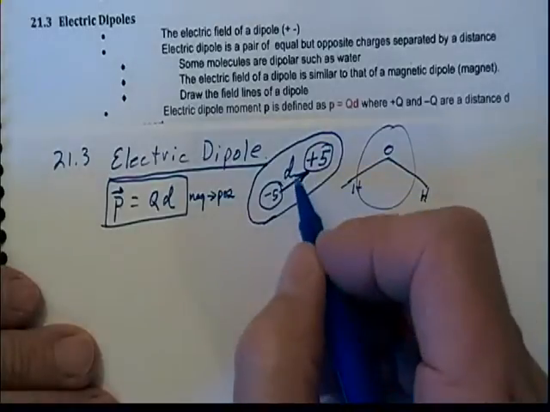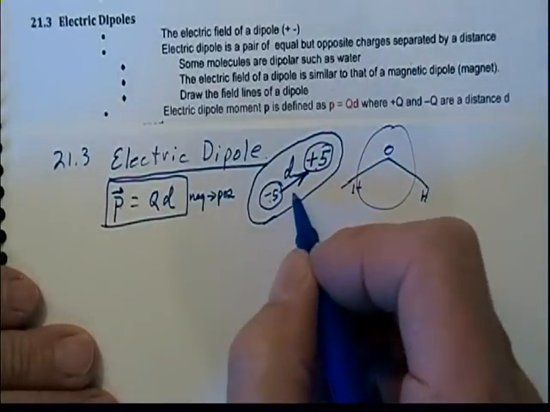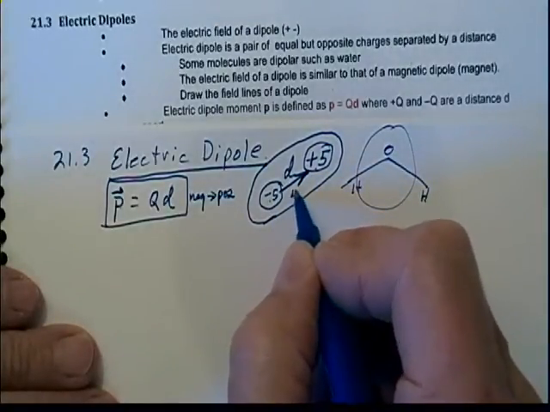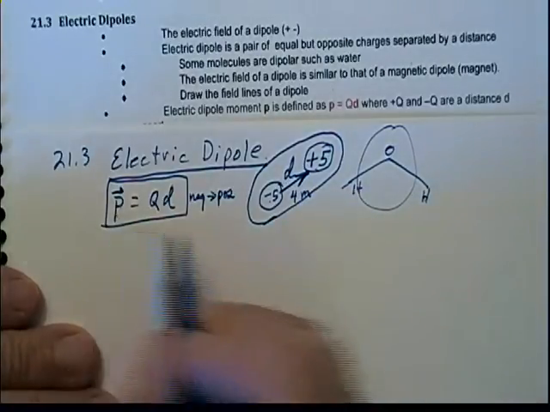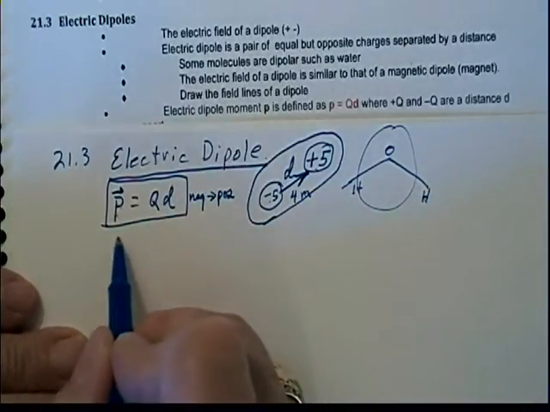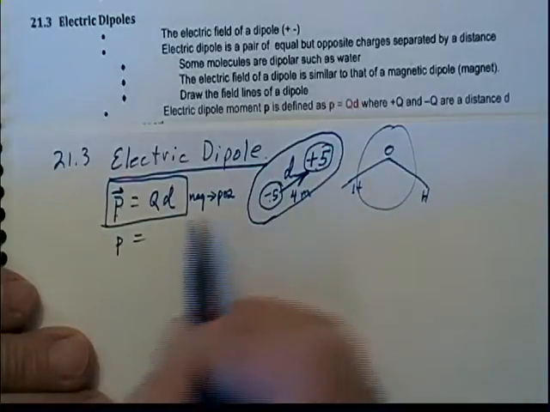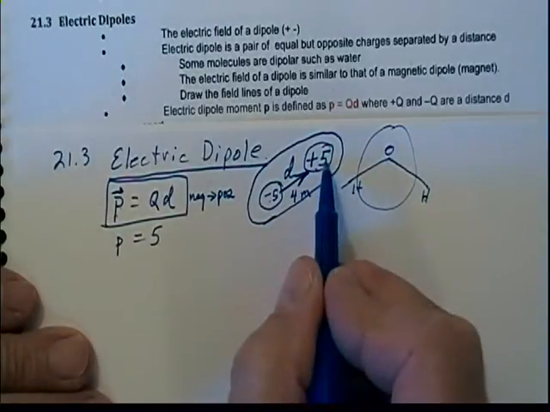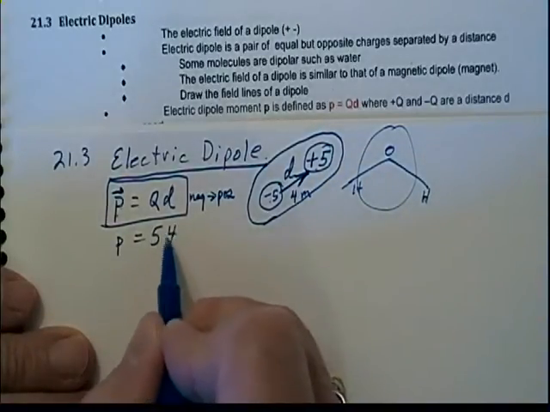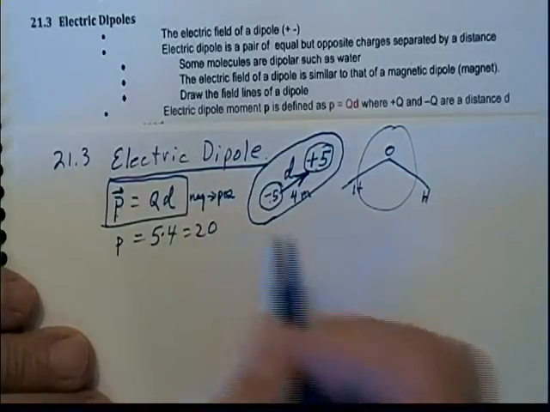So in this particular case, if we had 5 coulombs and a minus 5 coulombs separated by a distance of 4 meters, then what would the dipole be? The dipole p for that system would be 5, the positive charge only, times the 4 meters, or 20.